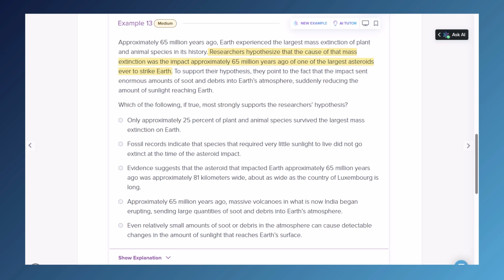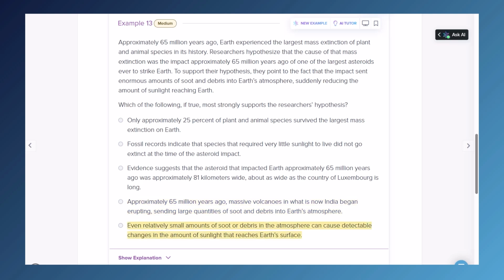Choice C is not offering any new helpful information. Choice D. Approximately 65 million years ago, massive volcanoes in what is now India began erupting, sending large quantities of soot and debris into Earth's atmosphere. This choice weakens the argument by offering another plausible explanation, these volcanoes in what is now India, so it definitely does not strengthen the argument.